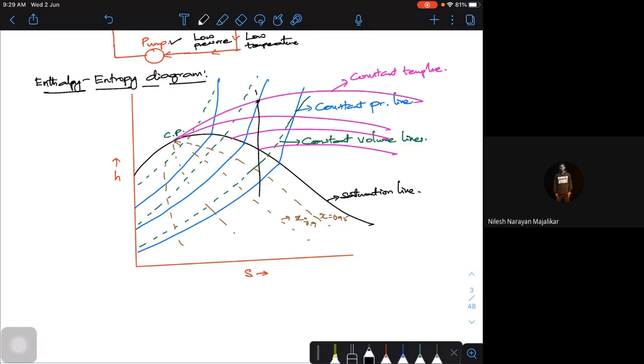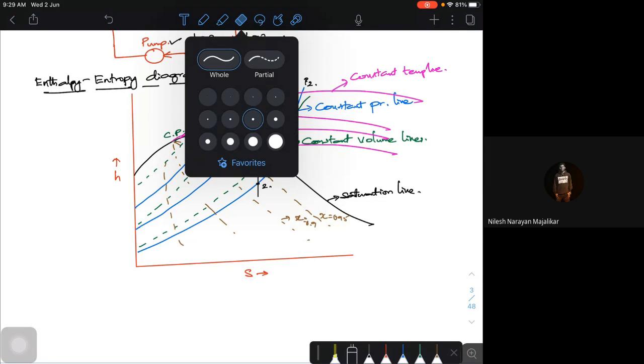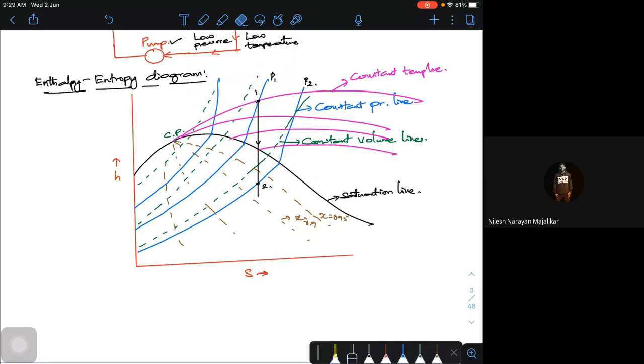So it is expanded from a pressure P1 to pressure P2 isentropically. So if I use an enthalpy entropy diagram, I'll be able to get those values directly from your steam tables, or sorry, from your Mollier chart.